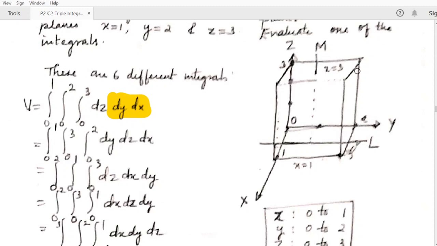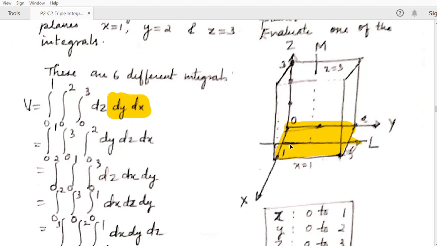So this is our solid, and we have to consider the shadow of this solid on the xy plane. This solid is already touching the xy plane, so we don't have to specially find the shadow.